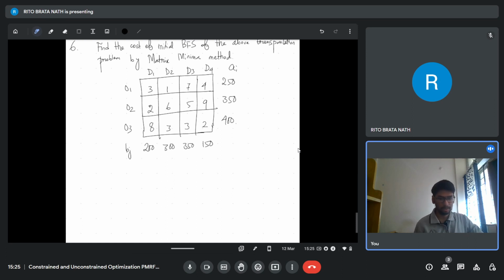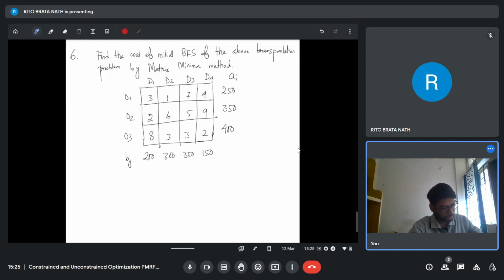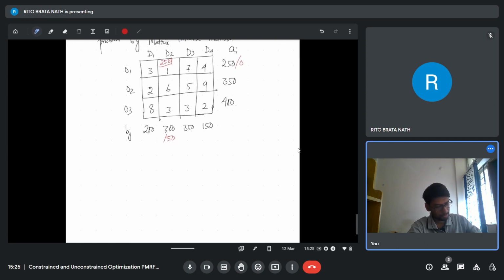Now in the matrix minima method, you have to find the minimum entry in this matrix. So here 1 is the minimum entry. So there you can allocate the minimum of 300 and 250. So 250 goes here and this becomes 0, this becomes 50 and you can delete the first row.